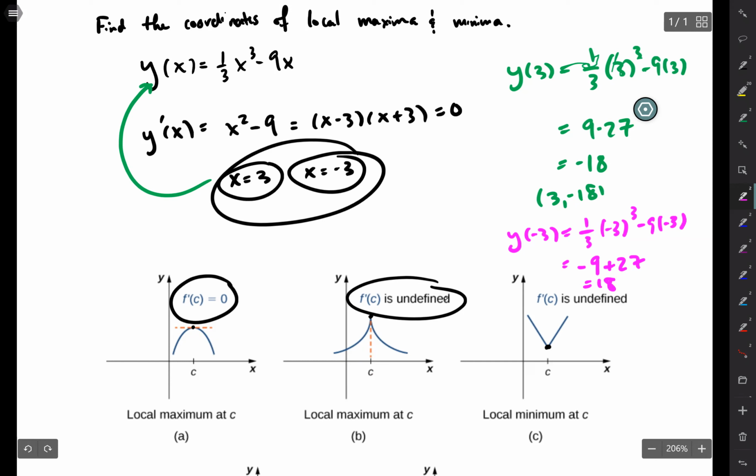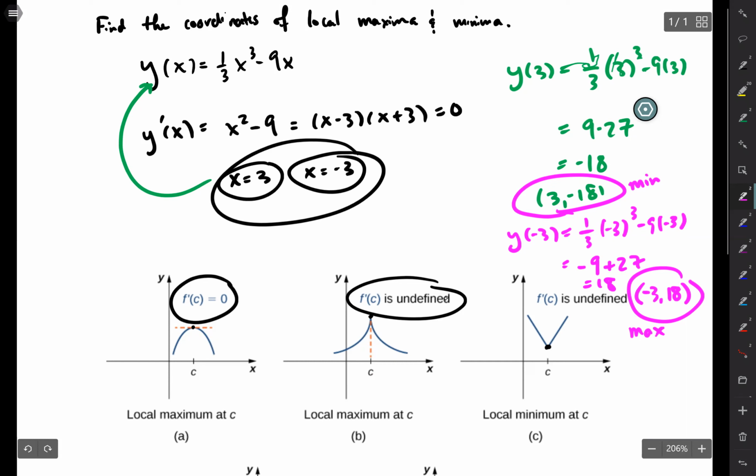So I have (-3, 18) as one coordinate and (3, -18) as the other. The max or min refers to the y value, so this would be a min, and that would be a max.